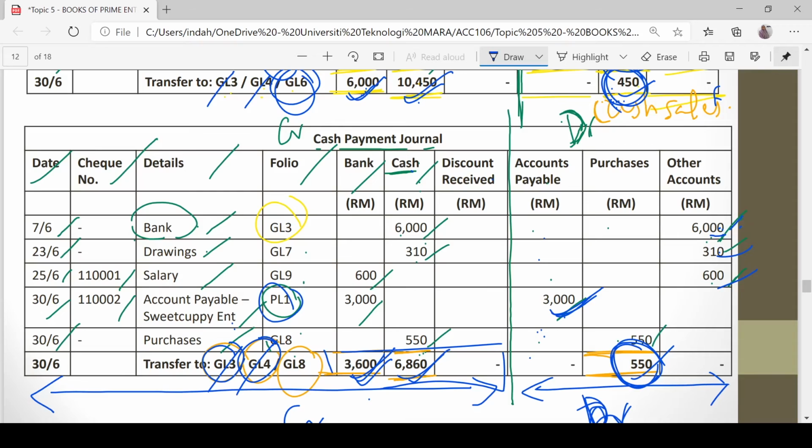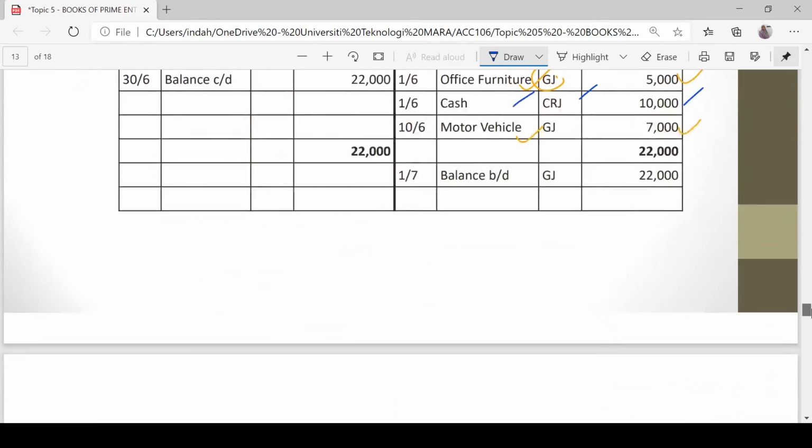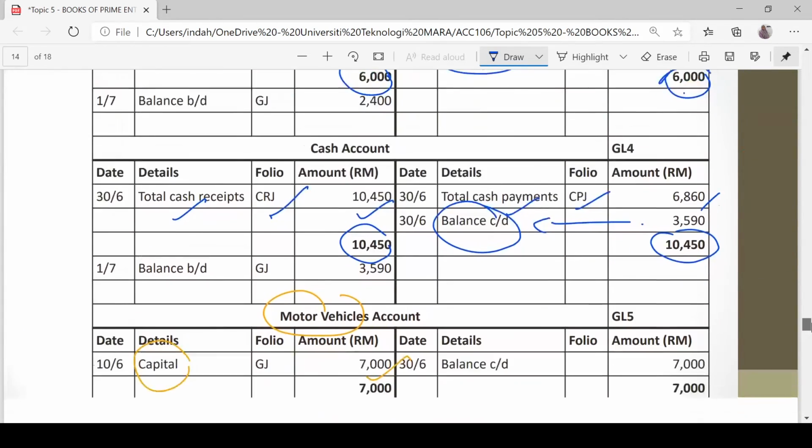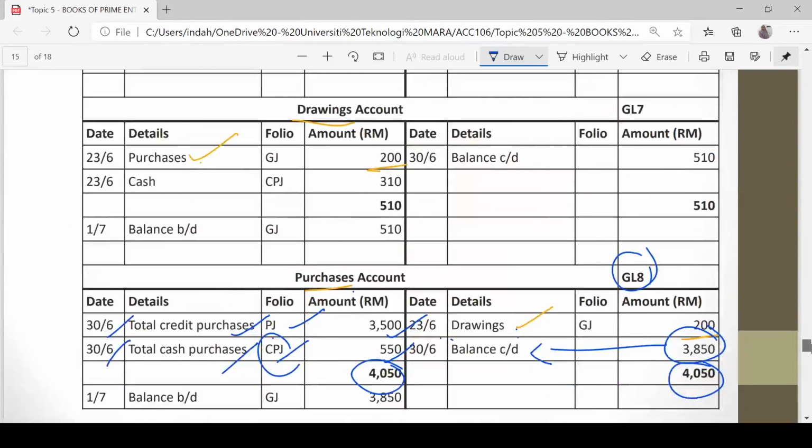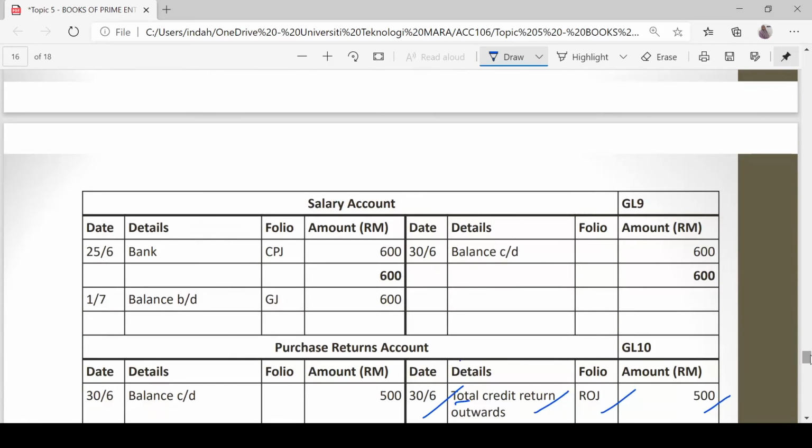So we are left with drawings and salary. Drawing is to be debited: cash, cash payment journal, 310. Salary: bank, cash payment journal, 600.